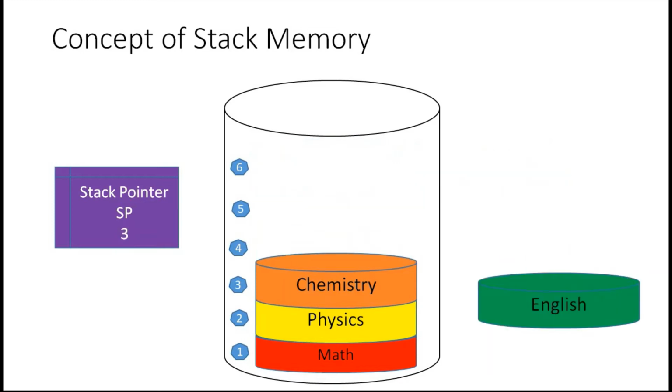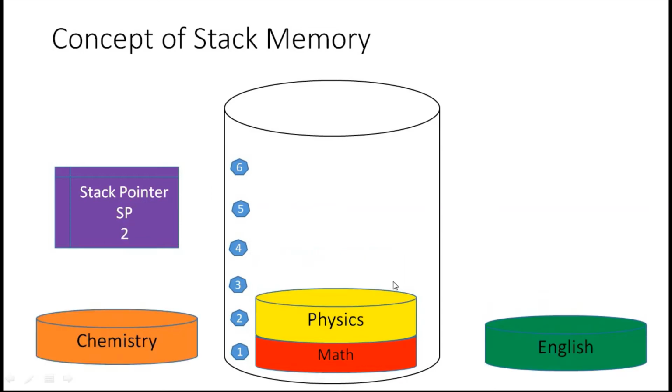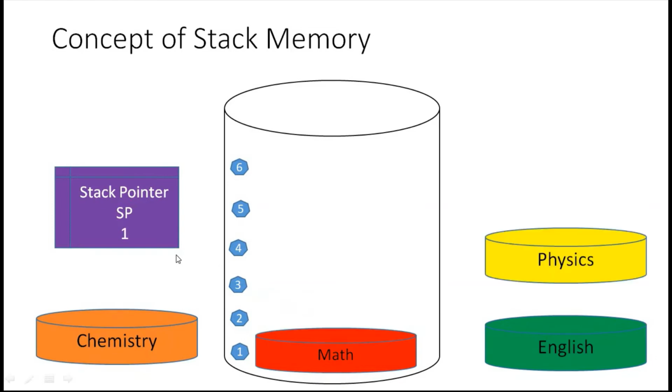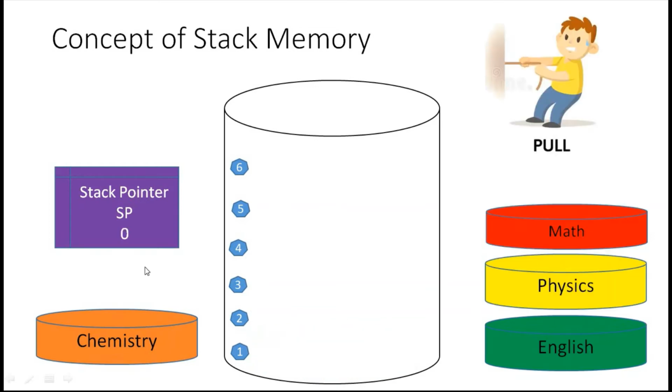See, the English book, I kept aside. Again it updated my SP. Now SP is 3. Again it is pointing to the next free location. Now I will remove the next book, the chemistry book. The SP points to number 2. Now remove the next book also. It is physics. Your position is again updated in the SP. Again remove the last book.